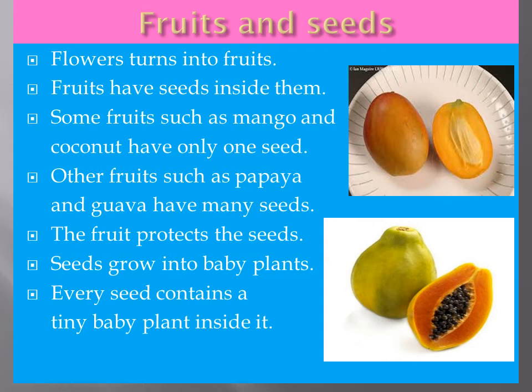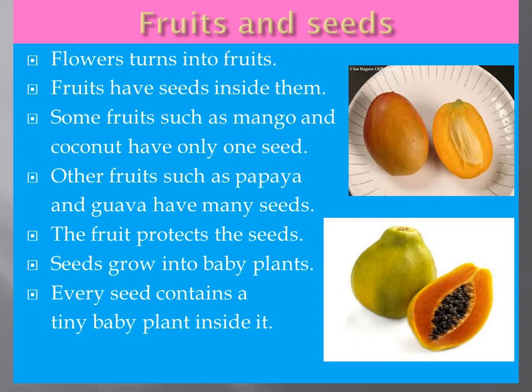Only one seed it has. Some fruits such as mango and coconut have only one seed. Other fruits such as papaya and guava have many seeds. You can see in the picture a papaya has many seeds inside itself.